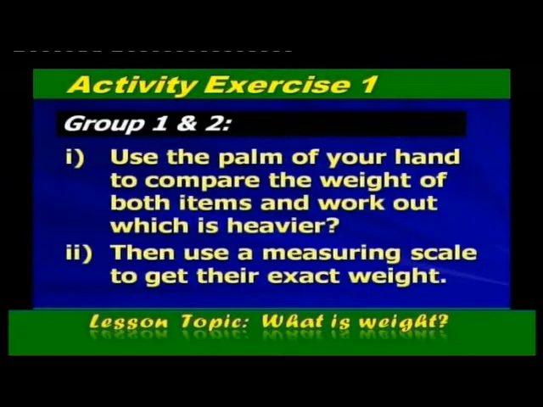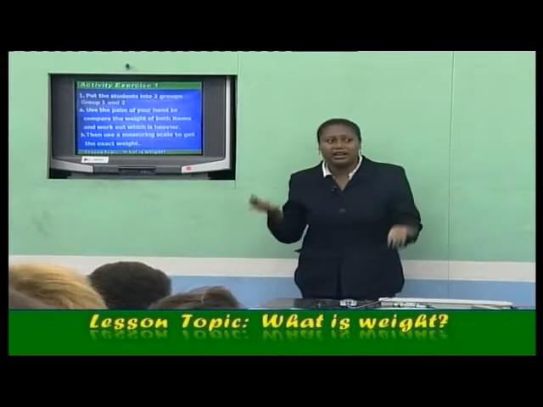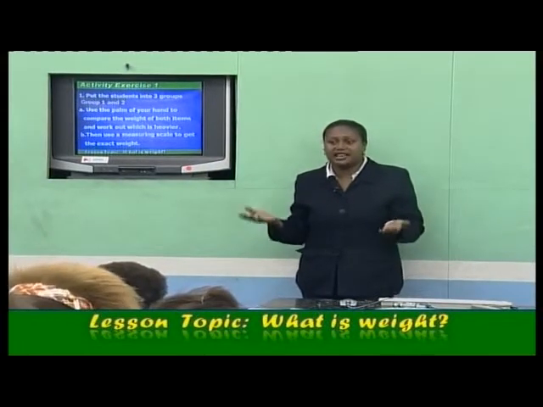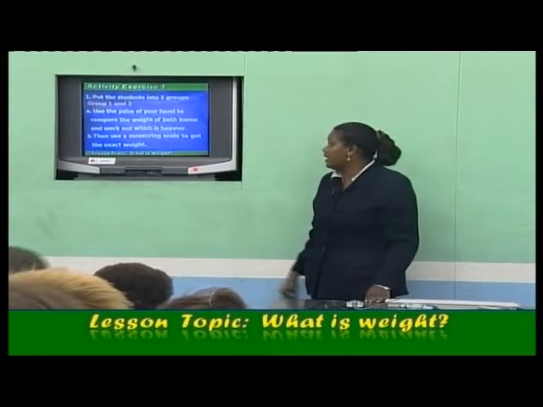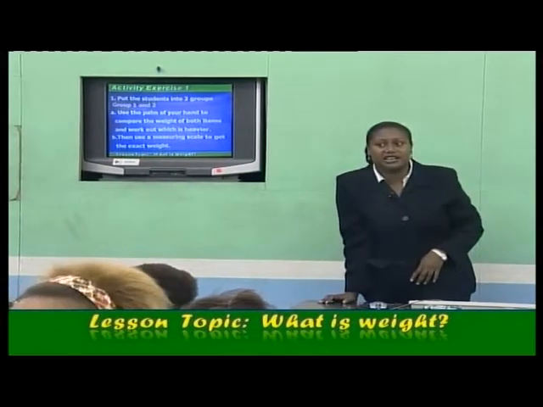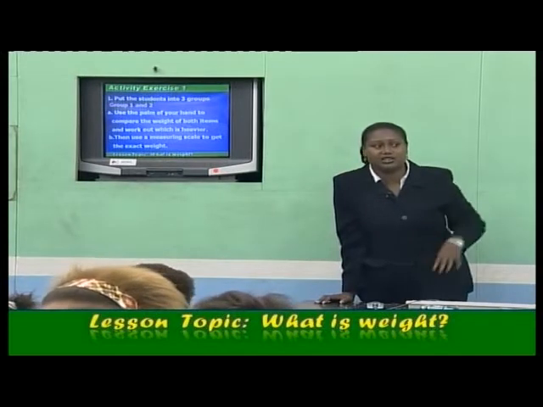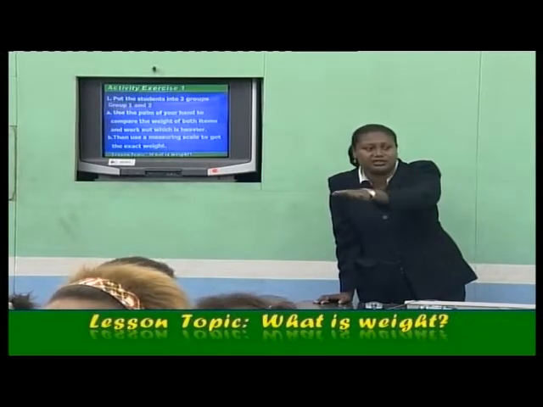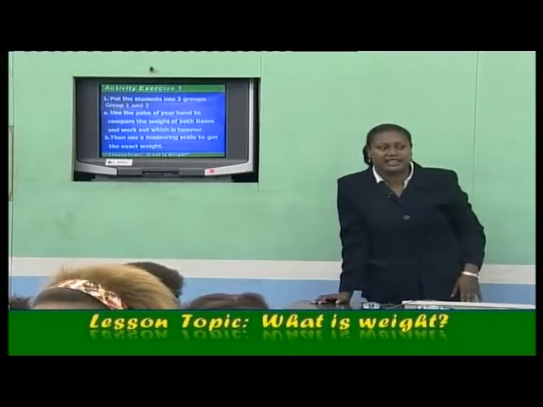Is it the 5 toea coin or the 20 toea coin? The 32-page exercise book or the 96-page exercise book? Once you work out which is heavier, you record, and then you use the measuring scale. Group 1 and 2, you will use the kitchen scale to measure. So group 1, if you're finished, you pass that scale to group 2. They will measure their items.